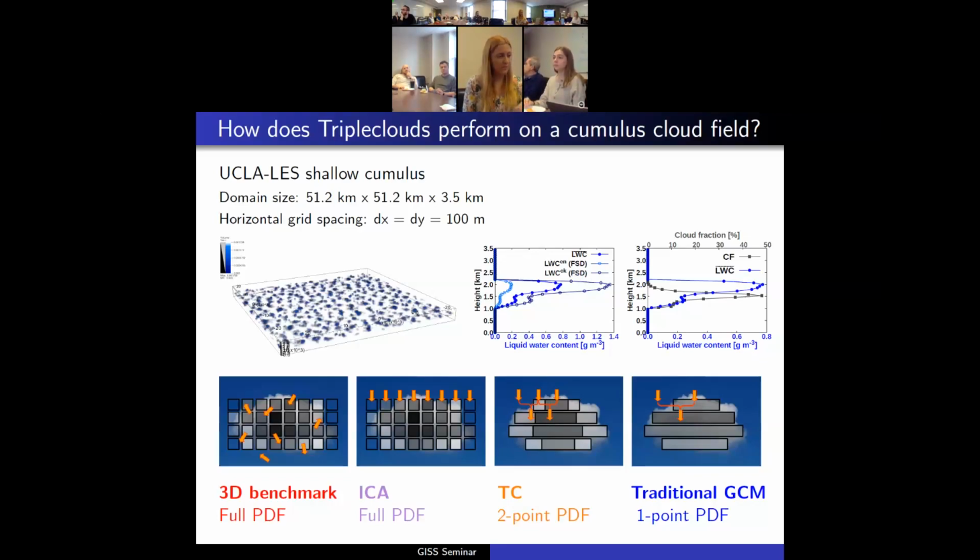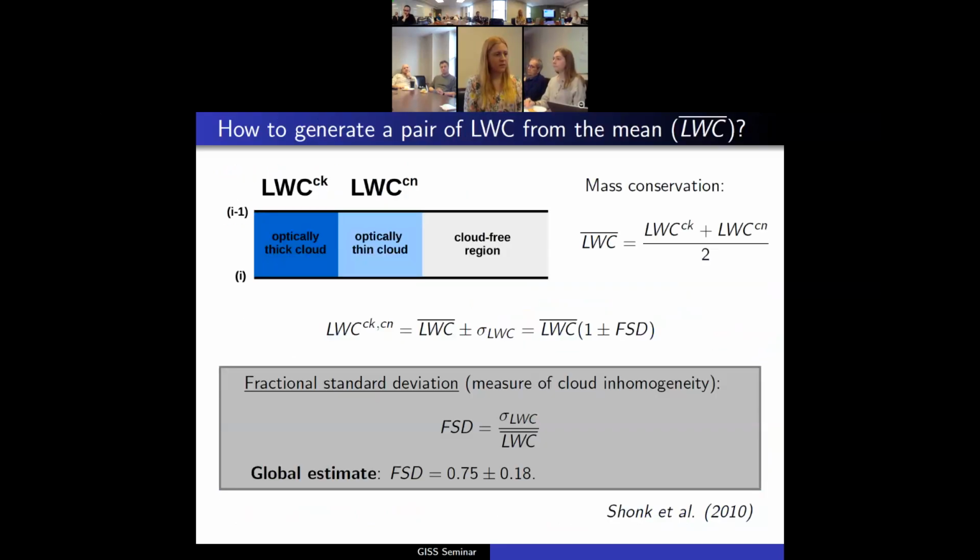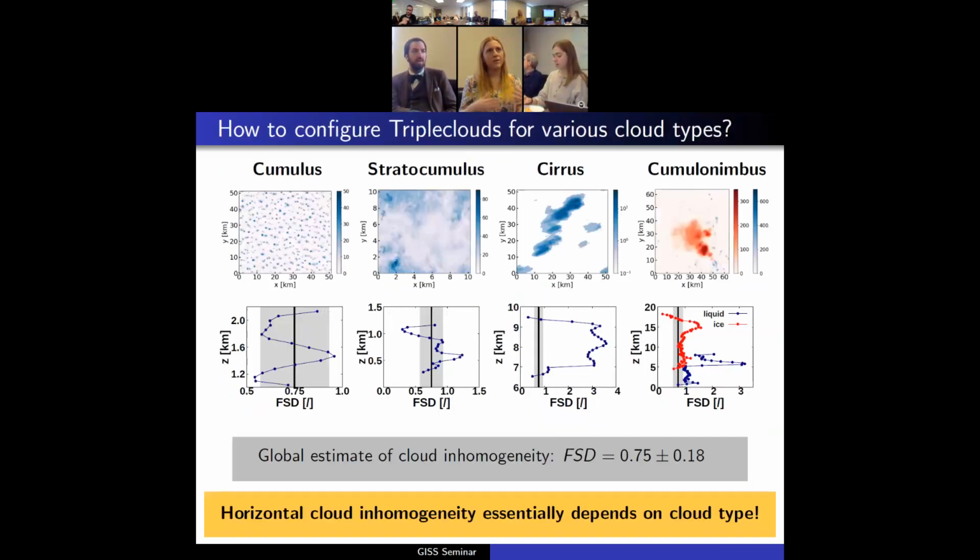obviously, one decision that you have to make is really what's the degree of inhomogeneity that you will introduce into the scheme, but then also the shape of the distribution: Gaussian, gamma, log normal, and other distributions.